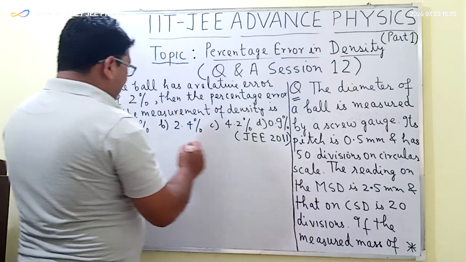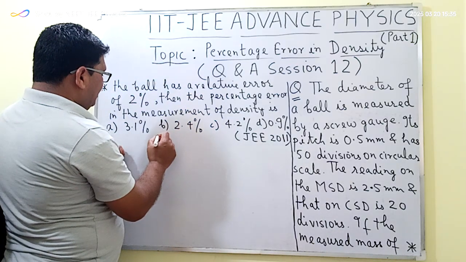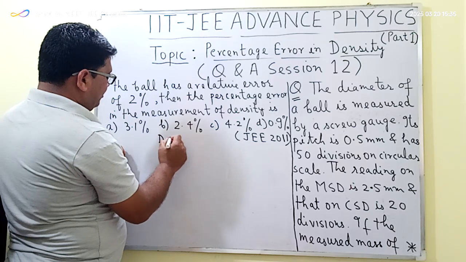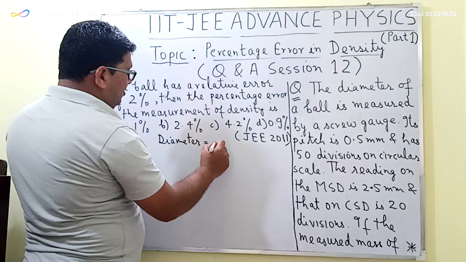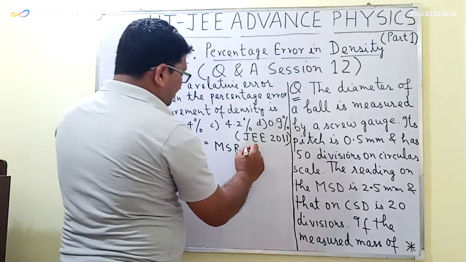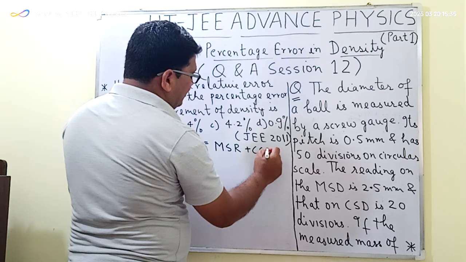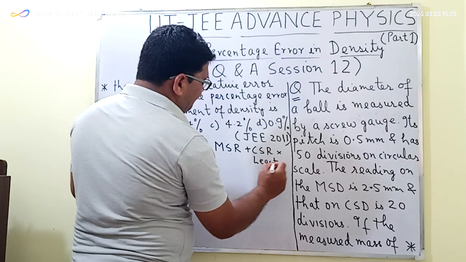The first thing here is that the diameter of the ball will be equal to the main scale reading plus the circular scale reading multiplied by the least count of the instrument.